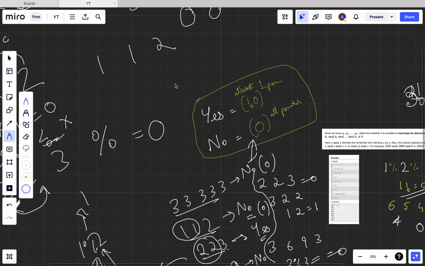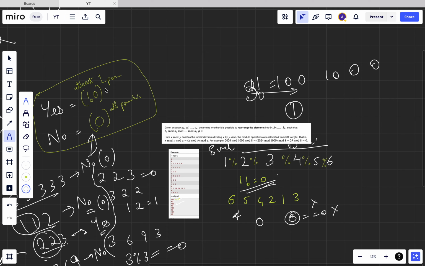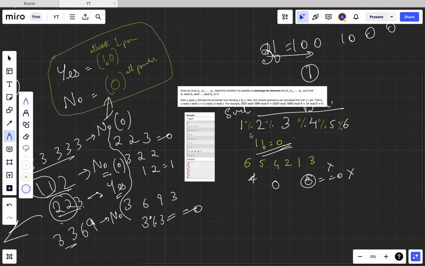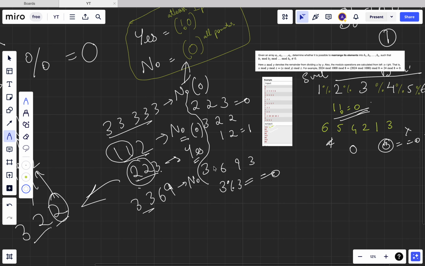So what are the things that we did? We'll just sort it. If the first two numbers are different, that means this will be smaller, and all the numbers are bigger, so the answer will definitely be yes. Yes means there exists at least one permutation where it is non-zero. Now, if the smallest number has multiple duplicates, there are two conditions that can arise.